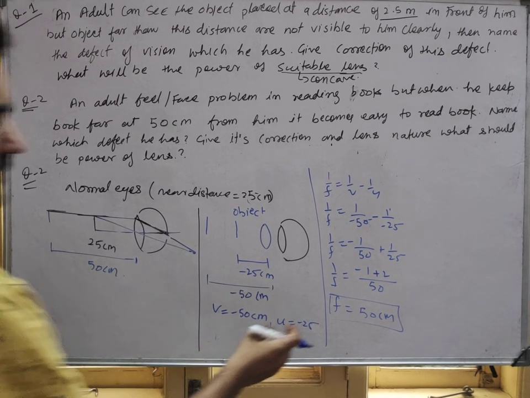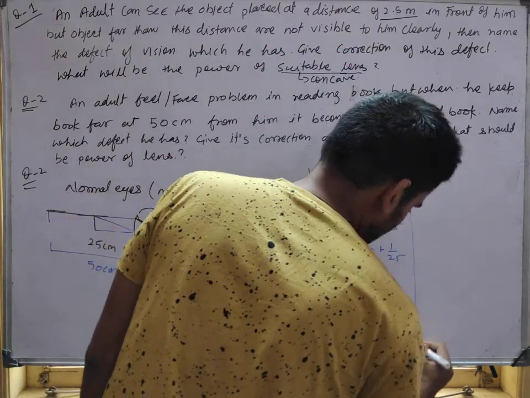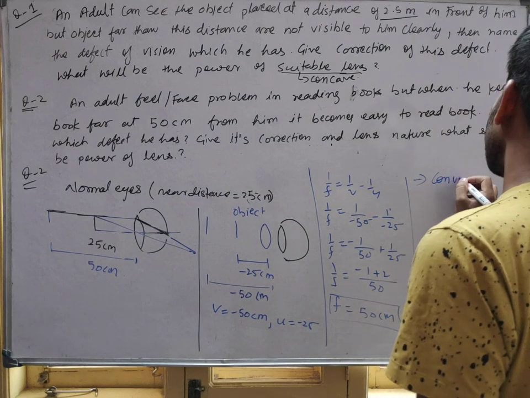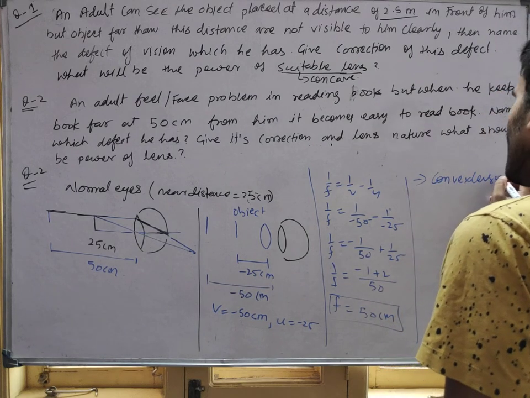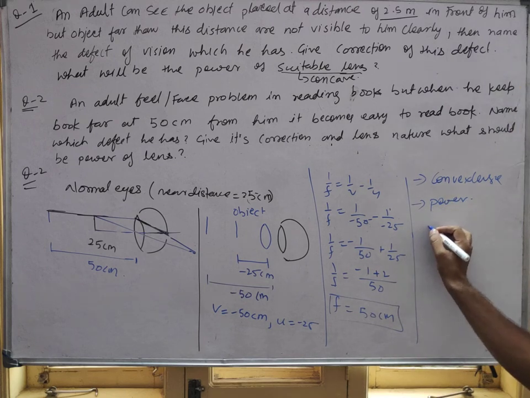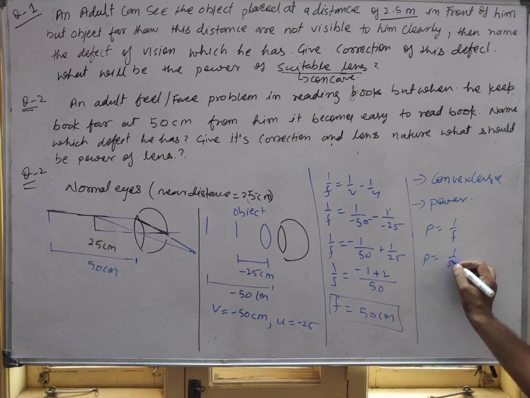So the focus we get is 50 centimeters, right? Okay, so which lens did we use? We used a convex lens. What will be the power? Power is equal to 1 upon f. So power is equal to 1 by 50.